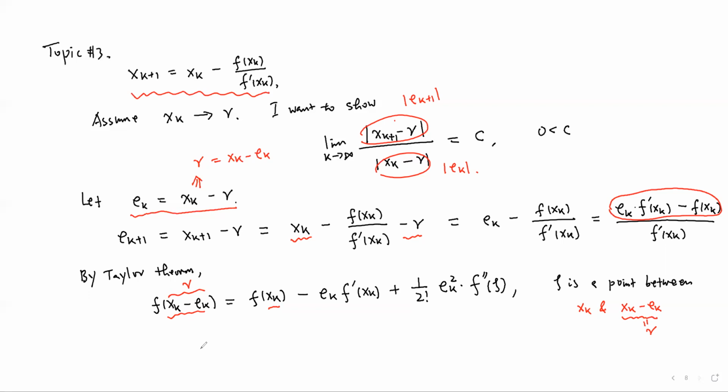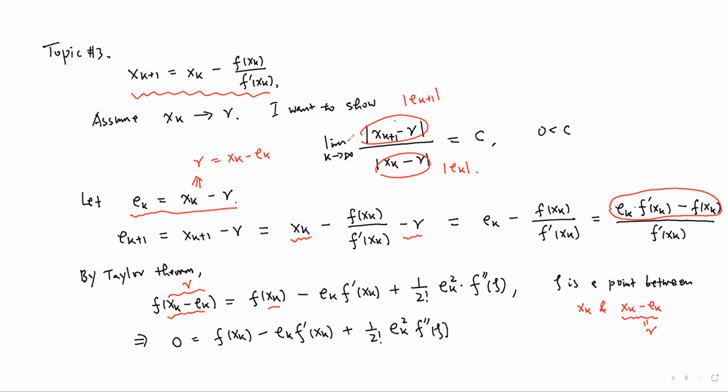So from here we get 0 is equal to f(x_k) - e_k f'(x_k), then plus 1/2 e_k squared f''(psi).